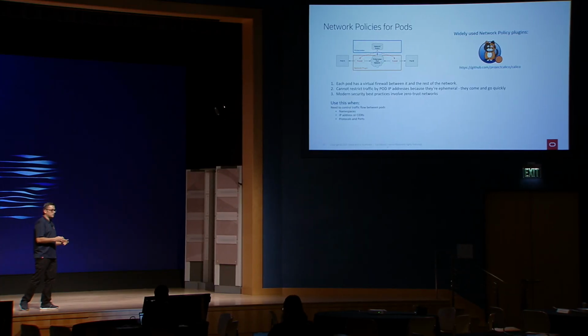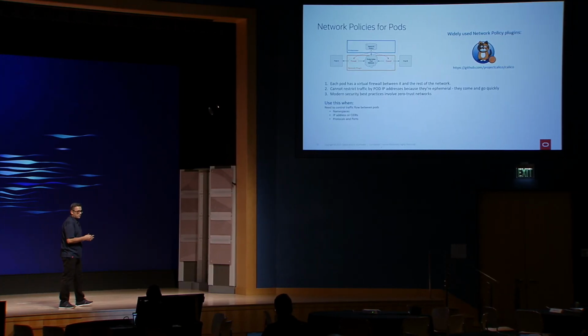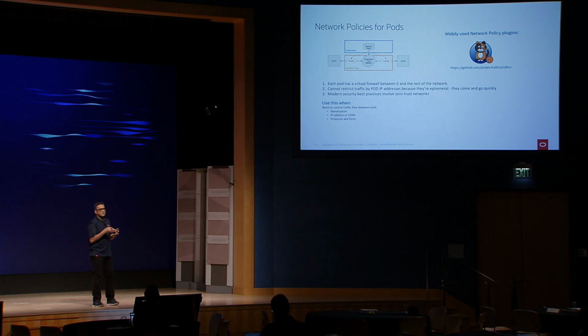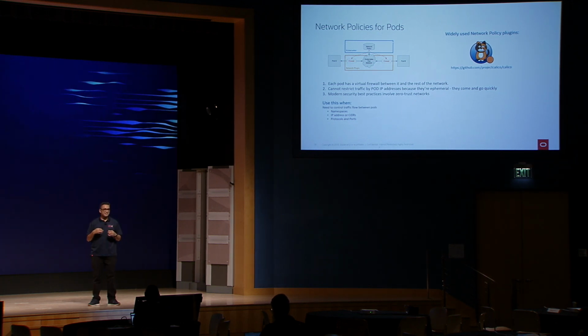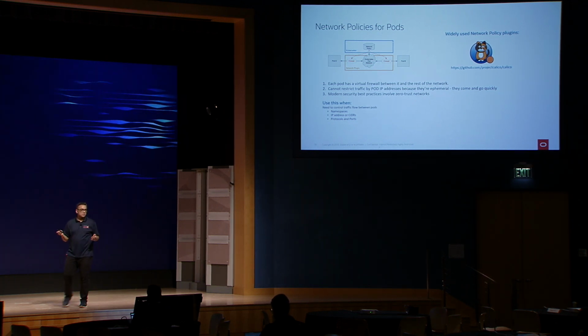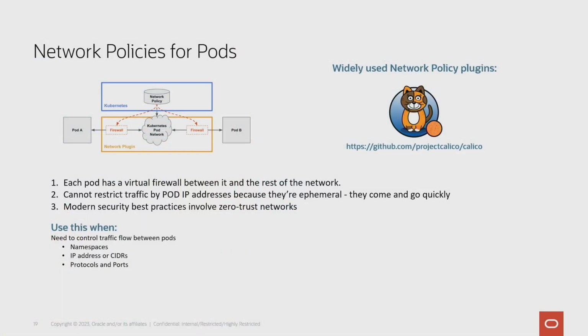And then, like I mentioned earlier, every pod will be able to talk to each other until and unless you apply a network policy plugin that would control the communication between pods. So network policies are nothing but, think of it as a virtual firewall that would be deployed in a flat network, right? You don't have to really have a proper firewall as pods keep on coming and going. Pods are ephemeral, they come and go, right?